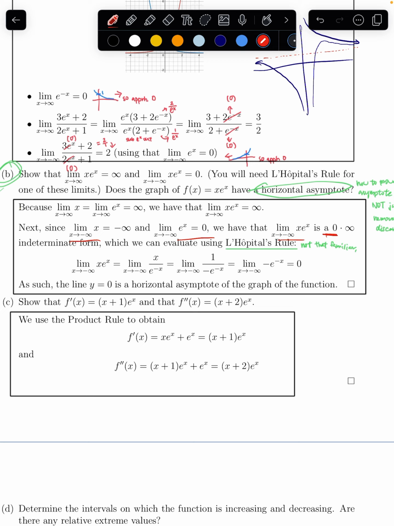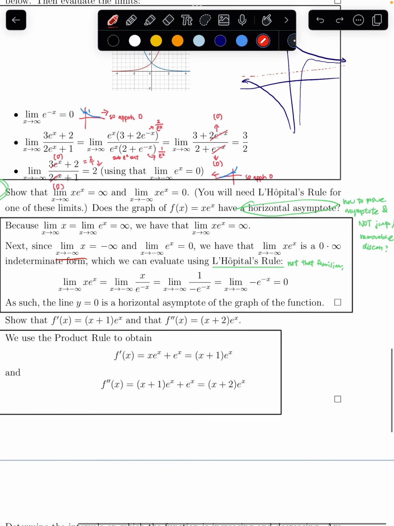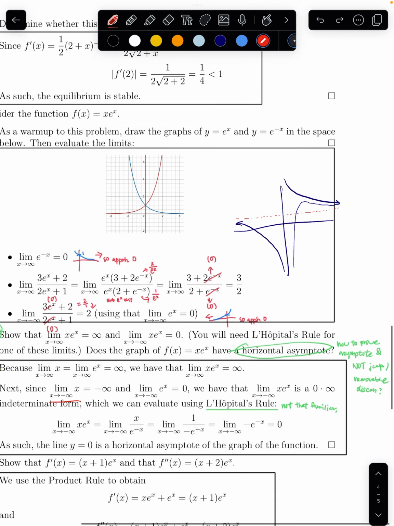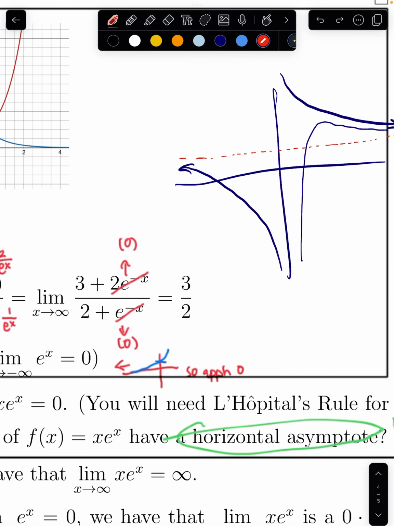And the reason why this means that we have a horizontal asymptote is we're saying as x goes really far in a specific direction, in this case, I don't know what this function actually looks like, but it'd just look like this. As it goes really far this way, it gets closer and closer to this line y equals 0, but it never actually reaches it.